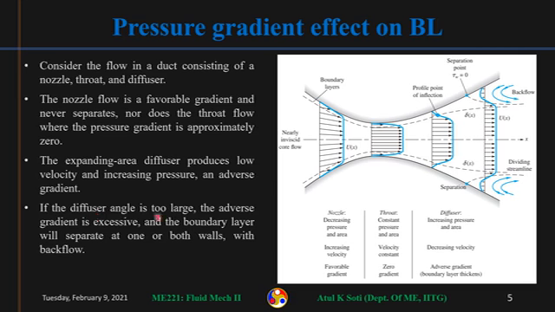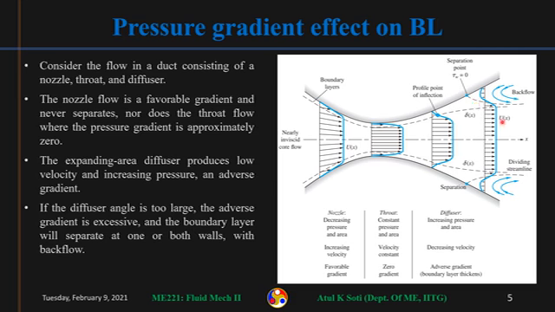So consider the diffuser angle, this angle from the horizontal. If you have this diffuser angle small, that means the rate of change of area is less. So accordingly, dU by dx will be less, and dp by dx will be less. Similarly, if you have a larger angle, then dA by dx will be large.